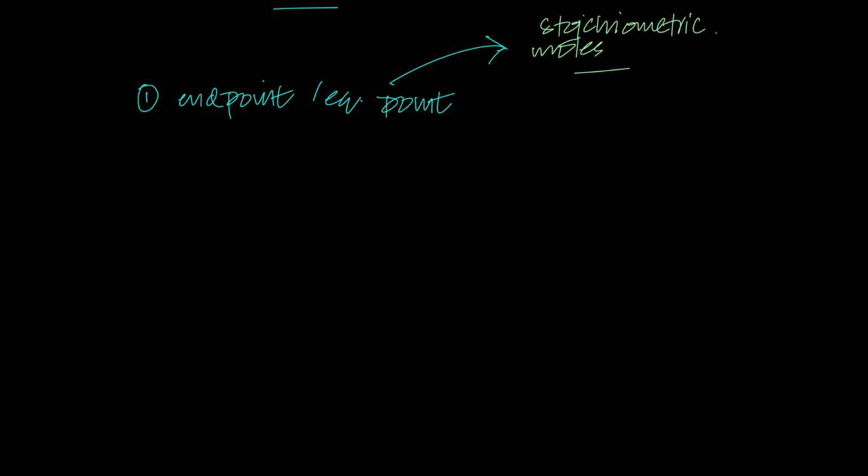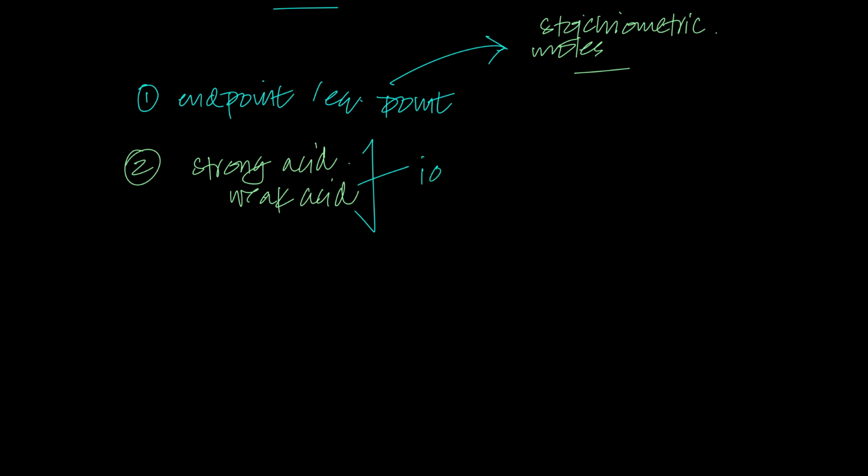It must be in the ratio of stoichiometric moles in order to react and finish each other off, right? Secondly, what I taught you in the last class, or in this class, was the idea of strong acid and weak acid, and that it has to do with ionization.